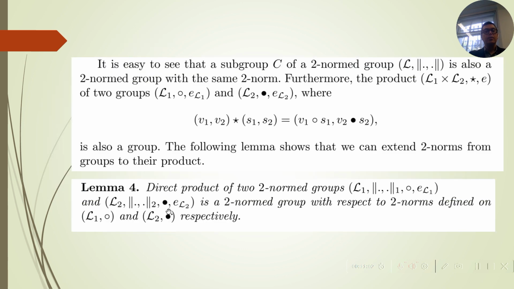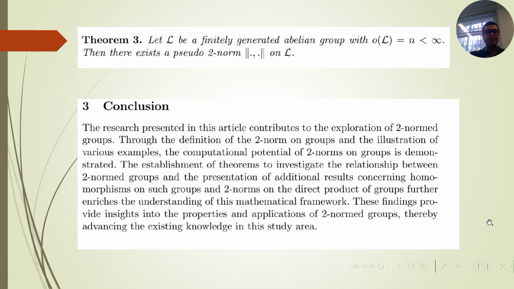And also another lemma, on direct products of two-norm groups. If we have this two-norm and this two-norm, then this is a two-norm group with respect to the two-norm defined by this and this respectively.